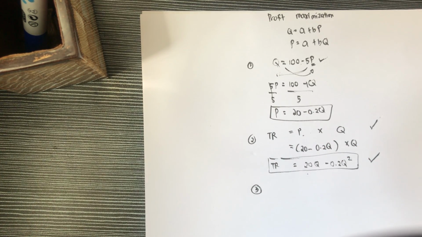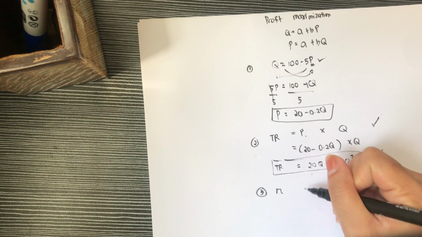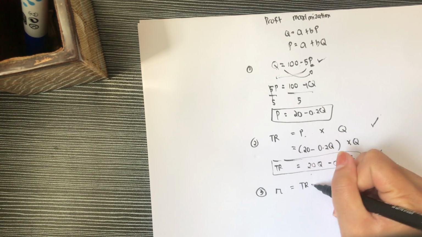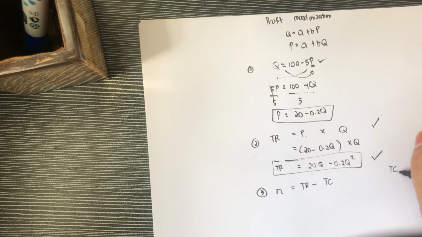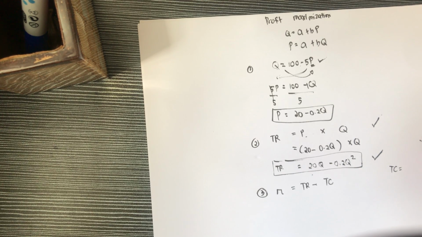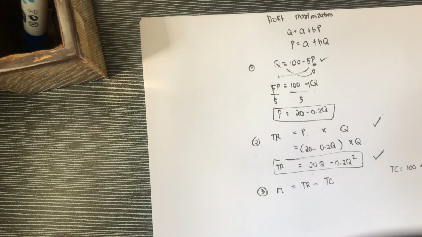So you have your TR function. The next thing we need to do is find your profit function. Your profit function is total revenue minus total cost. It's just like in accounting: sales minus expenses. Total cost is made up of fixed costs and variable costs. Let's say that your total cost function is given, and that it is 100 plus 2Q.